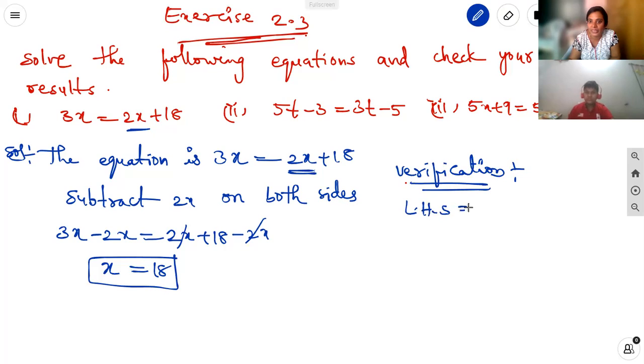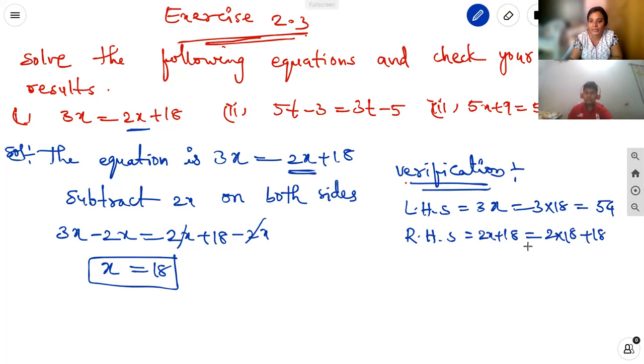LHS, the left hand side term is 3x, that is 3 into 18. 3 8s are 24, 2 carried to 54, 18 3s are 54. And the right hand side is 2x plus 18, equal to 2 into 18 plus 18. 2 18s are 36 plus 18, it is equal to 54.